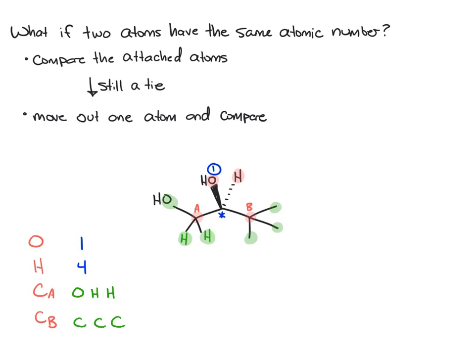Well, carbon A has an oxygen which has a higher atomic number than any of these three carbons attached to carbon B. For that reason, it gets priority. So that'll be number 2. Carbon B will be number 3.